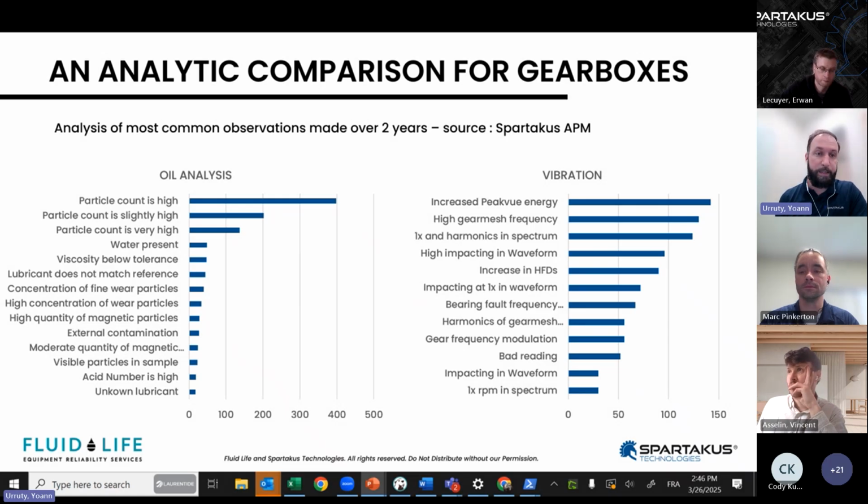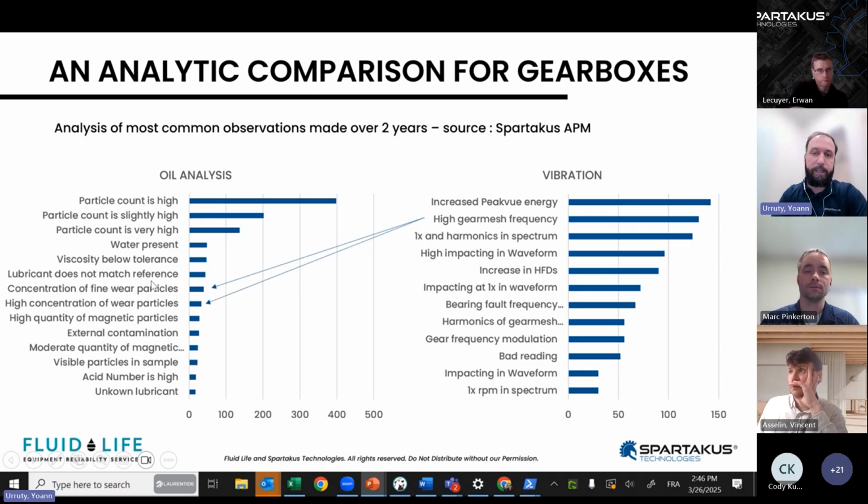And again, particle contamination is very, very high with regards to oil analysis in the gearboxes. The rest would be a presence of water, a bit of viscosity change due to, we don't know exactly, but viscosity changed. And then we're talking about wear particles a bit below that, right?